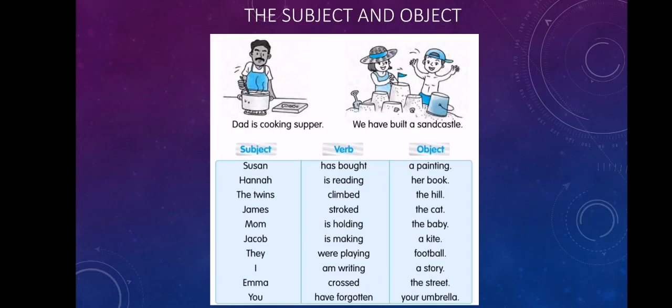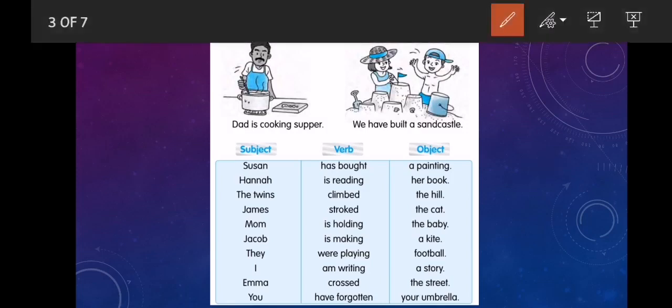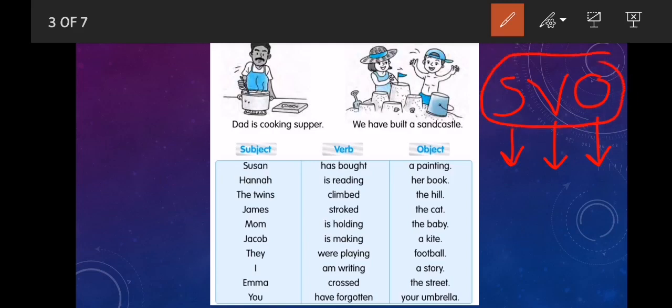Okay, kita sudah belajar juga dalam last lesson iaitu SVO tu kan. Alright, SVO. S for subject, V for verb, O for object. So dalam sentence kita ada these three element biasanya lah. So bila kamu mau buat sentence yang complete, so make sure ada subject, okay, ada verb dan juga ada object.